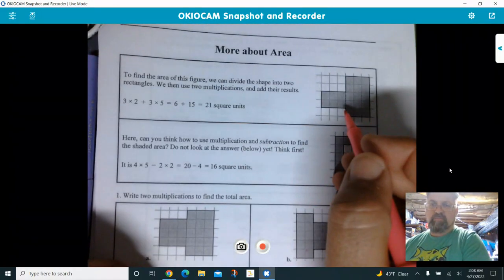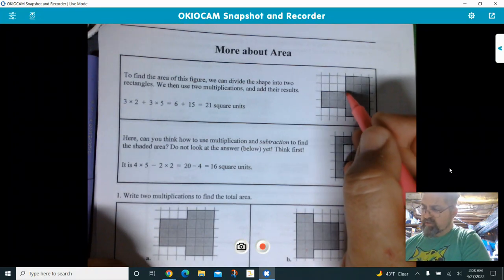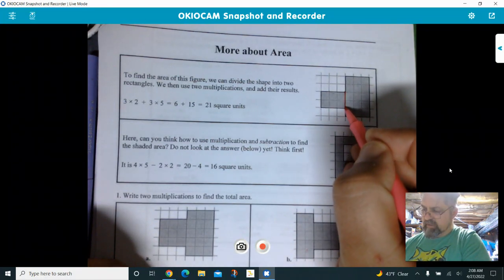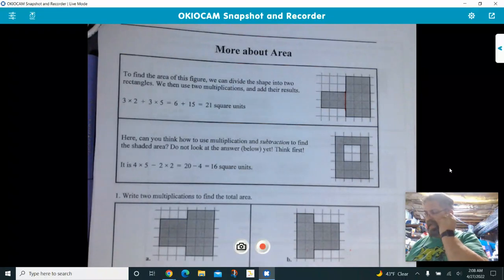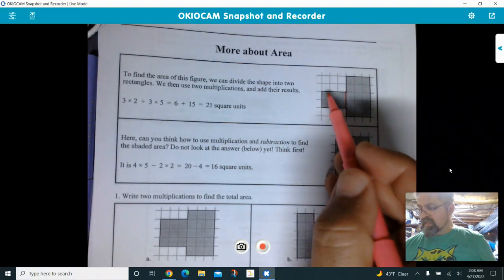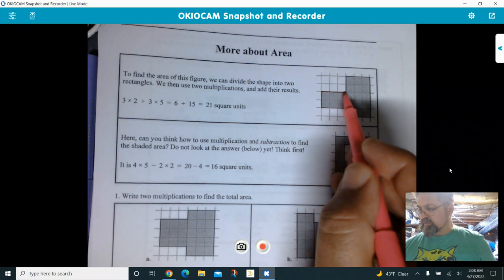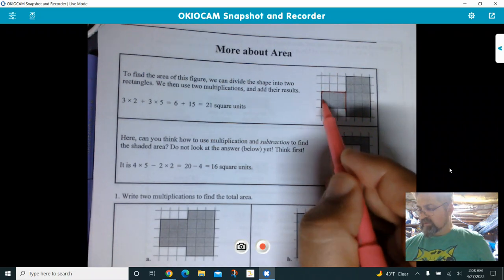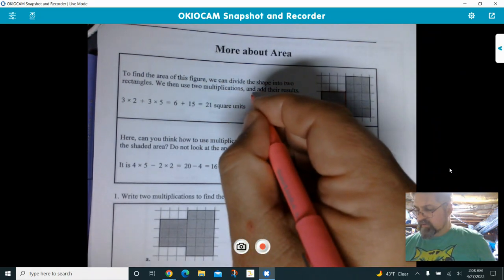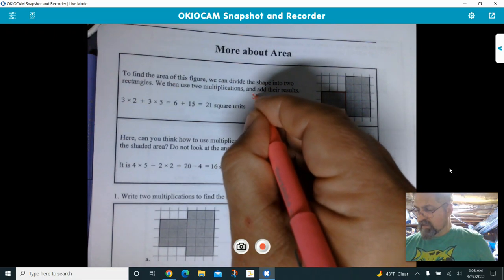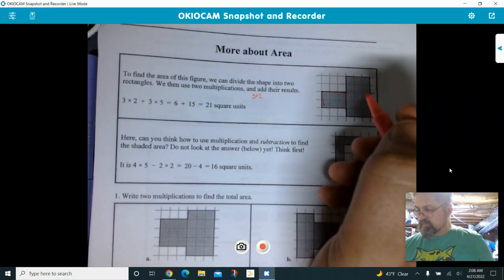Sometimes what we can do is when you have a weird shape like this, we can draw an imaginary line down the middle here, or like where the two ends connect. And we can figure out that this has an area of 3 times 2.